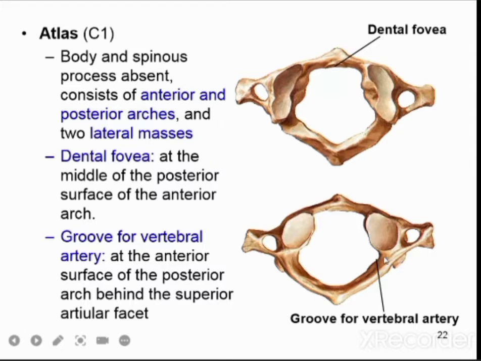We can see the groove for the vertebral artery. The vertebral artery passes through this foramen, the transverse foramen.